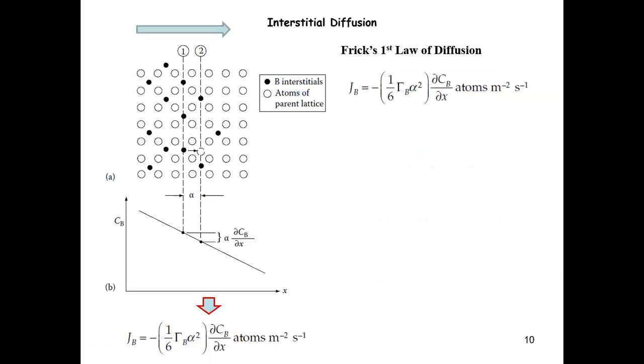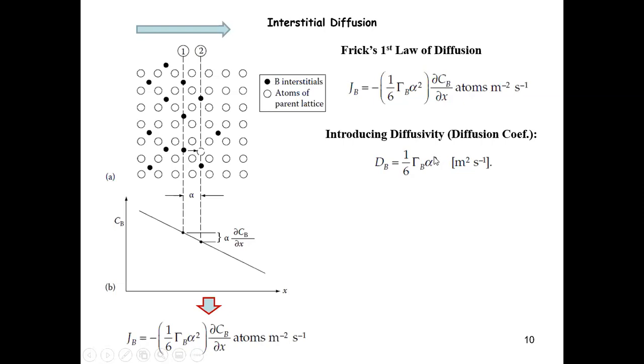Now if you take a closer look at this flux and introduce a constant for this, we call it diffusivity, and typically we use D to denote this. Diffusivity is simply 1/6 times the hopping rate times the atomic distance squared.